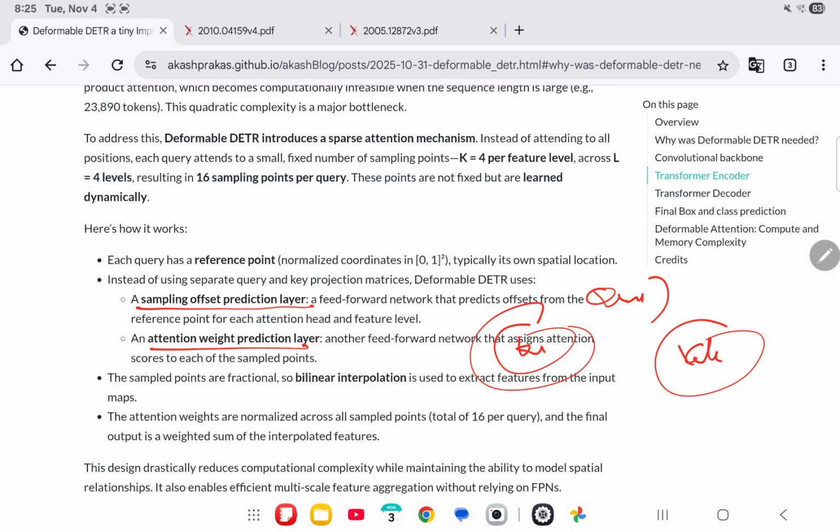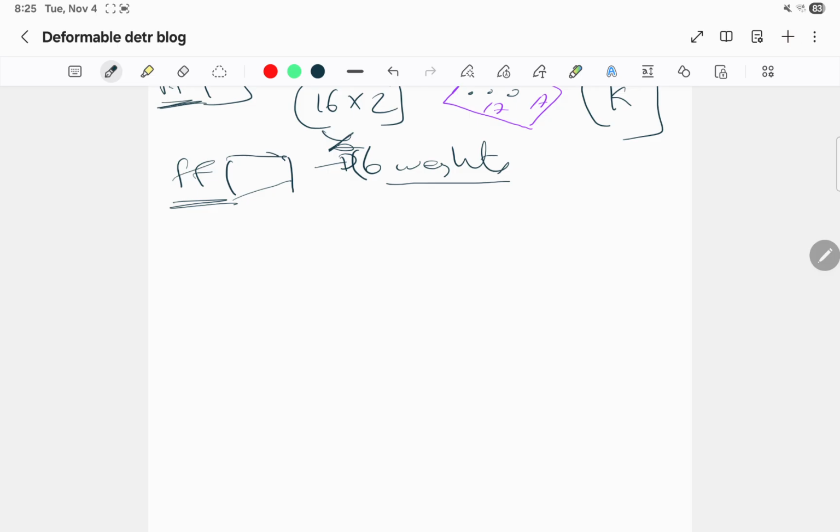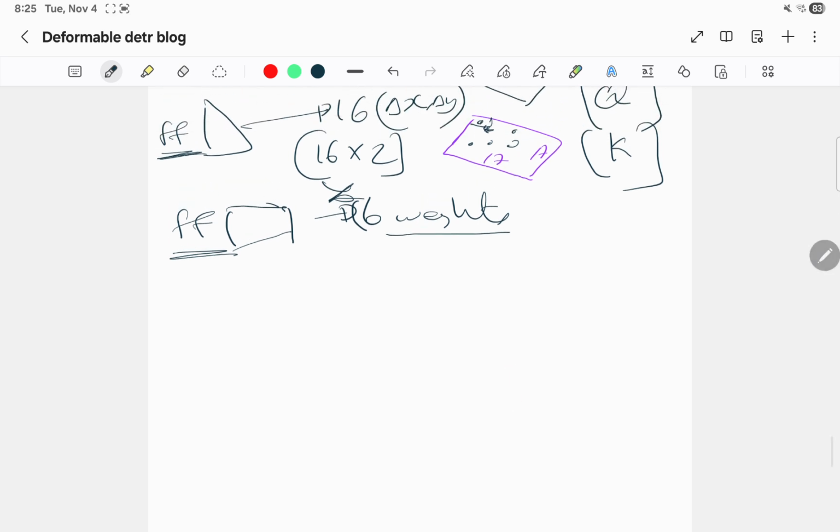So the next point is, once we have these points, we need something called bilinear interpolation to actually get the points. So what I mean by bilinear interpolation is, we have our reference points, and our network gives us the delta x delta y, and we add x plus delta x and y plus delta y.